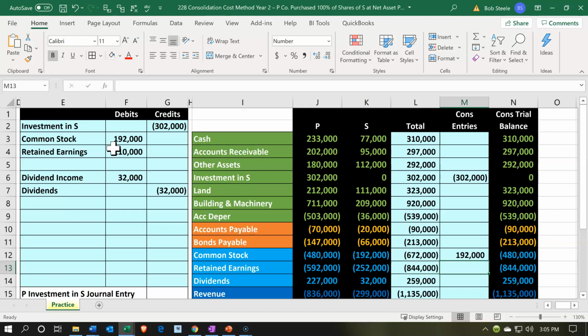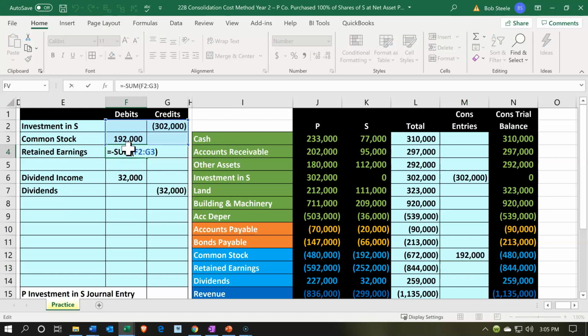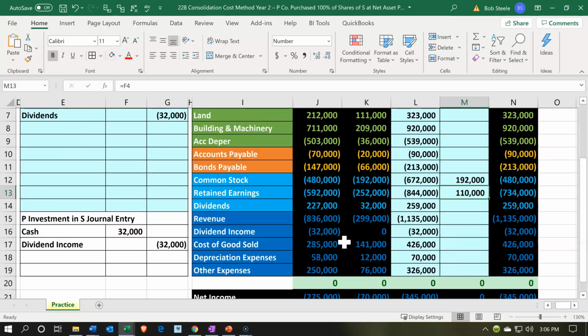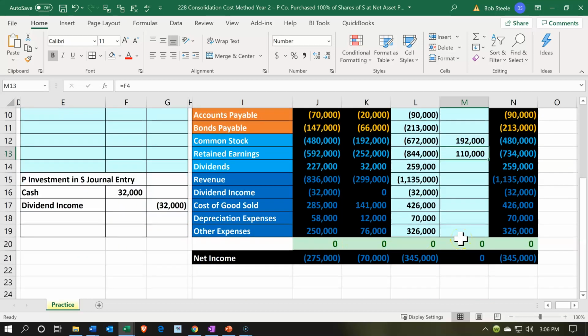But we can still kind of back into this number because it's part of the original purchase. So you can still figure that out. So it's not going to remove it completely, but it's going to remove the portion of the retained earnings for S as of the point in time that the consolidation took place. So here's what P has, here's S's, and then there's the total. We removed the portion that was in retained earnings for S as of the point in time of consolidation. That puts us back in balance, so we're back in balance down below.